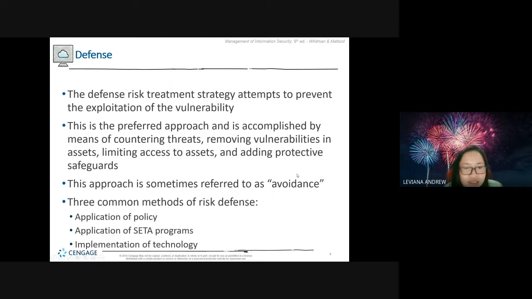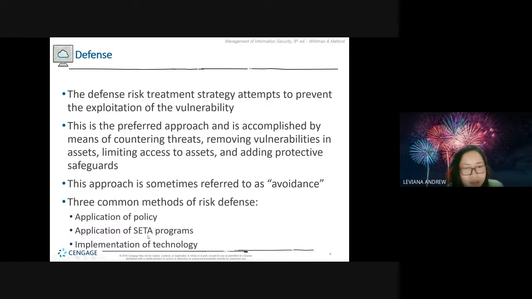The common methods of risk defense are, number one, application of policy. The instructions, the mandate, must come from the top, offering the guidelines on how to treat the threats, remove vulnerabilities in assets, and so on. Then application of security education, training, and awareness programs.